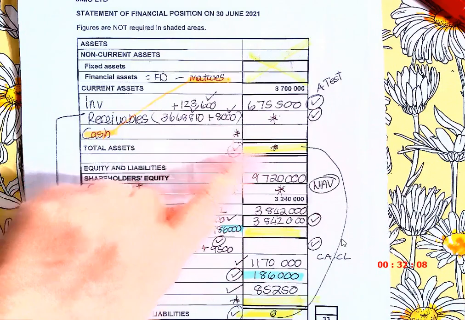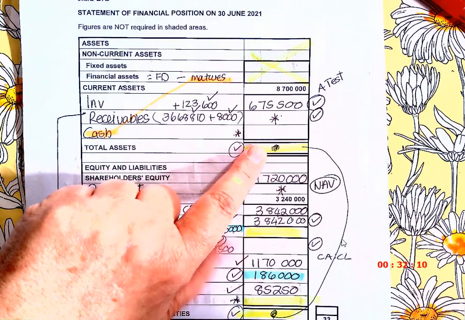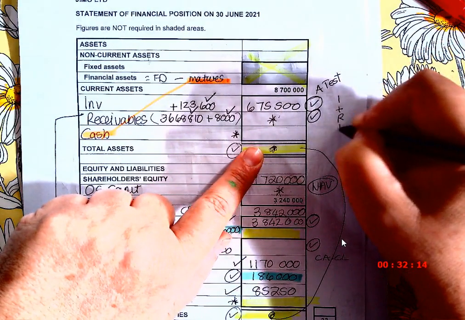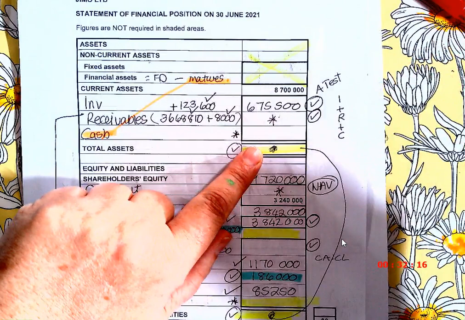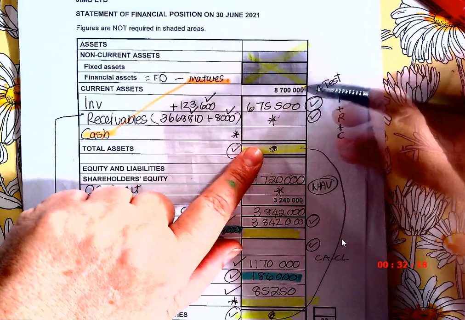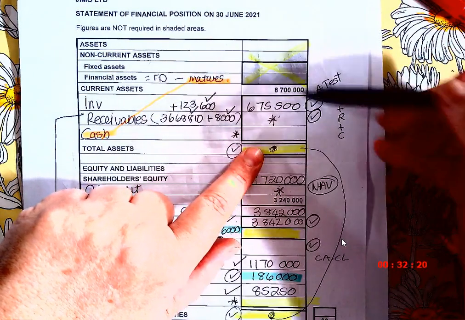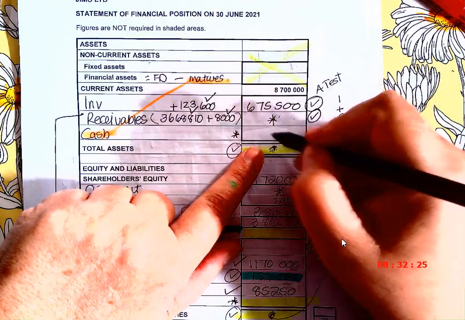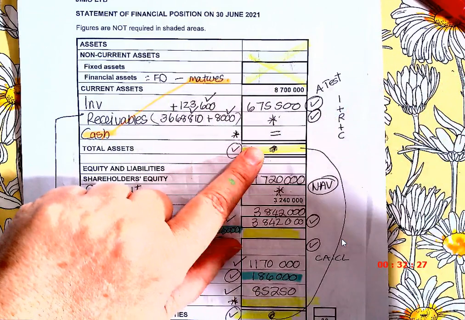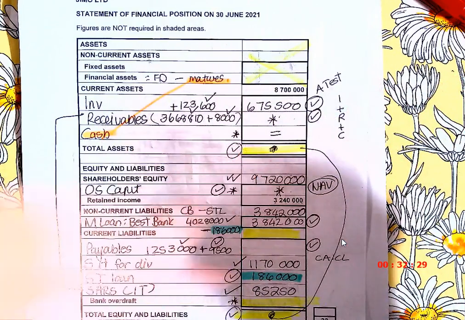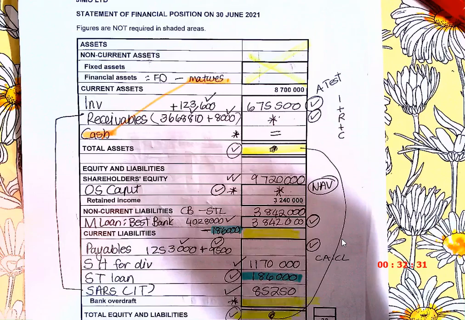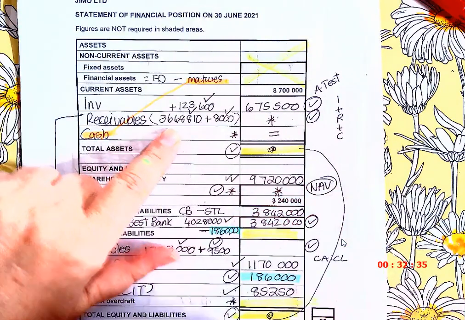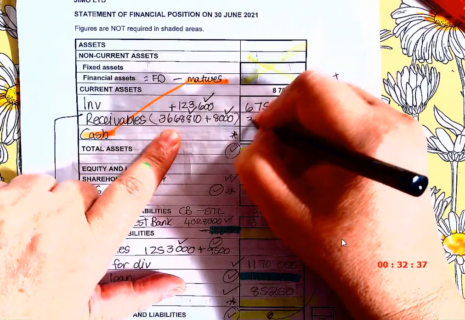Then, how will I get my cash? I know inventory plus receivables plus cash gives me 87. So 87 less 75 less the star is going to give me that. Okay, I think we must now work it out because I see Dover eyes. So quickly, add this for me. 36.